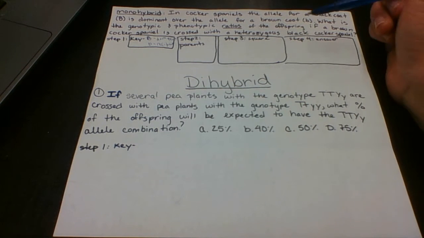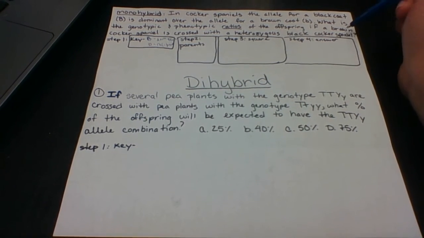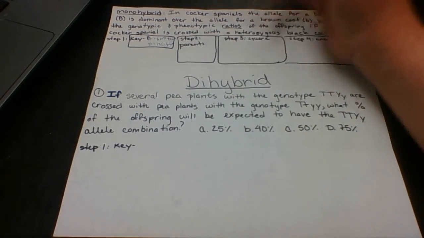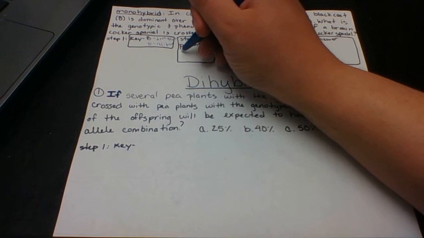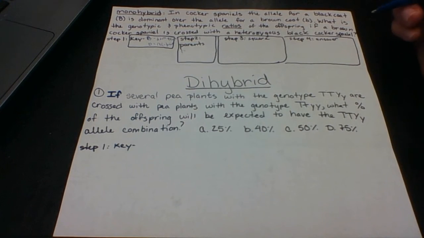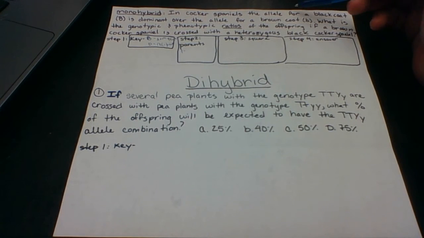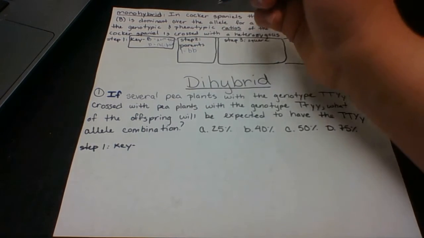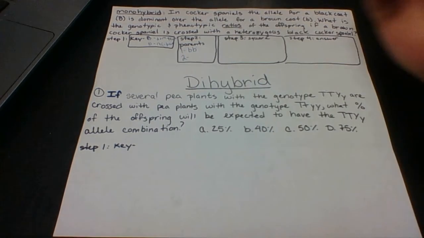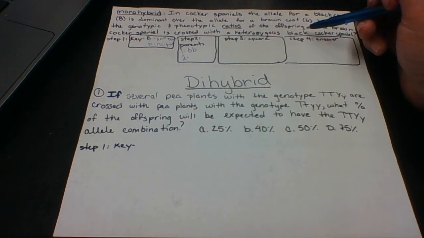Okay, step 2, the parents. A brown Cocker Spaniel. So if it's a brown Cocker Spaniel, that tells you that parent 1 is what? Recessive. Okay, because in order for a recessive trait to be shown, it has to have 2 recessive alleles. Parent 2 is heterozygous black.